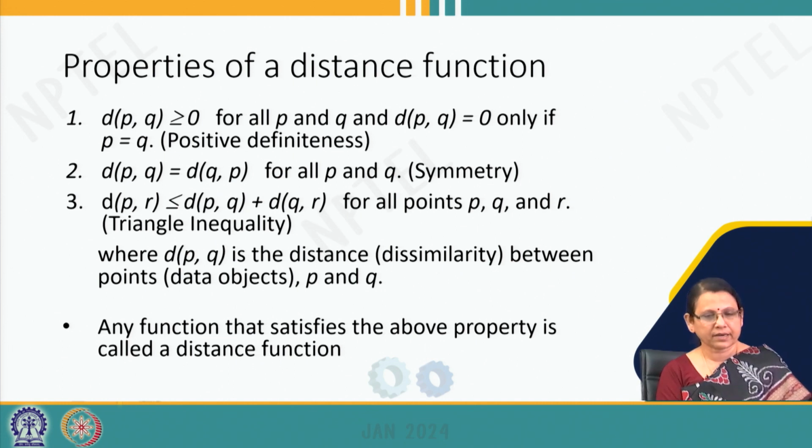And the third property is called triangle inequality. If you have three points P, Q and R, and you take the distance between P and Q and the distance between Q and R and add them together, this has to be higher than or at least equal to the distance between P and R.